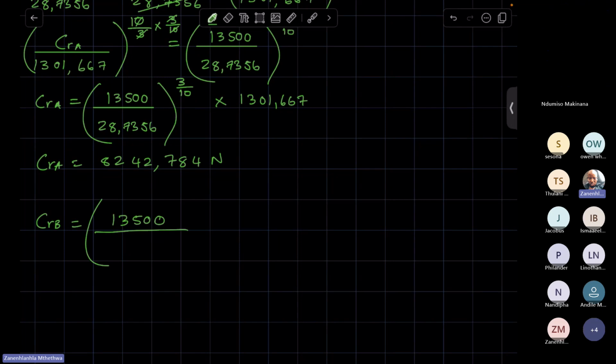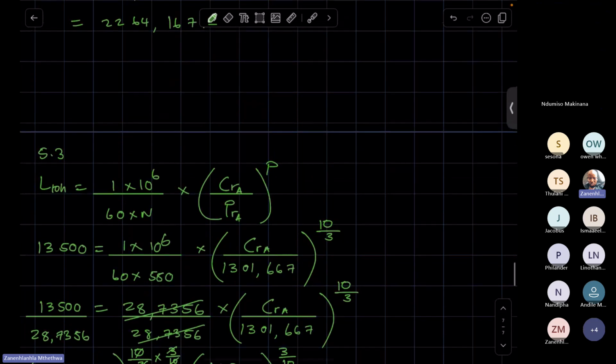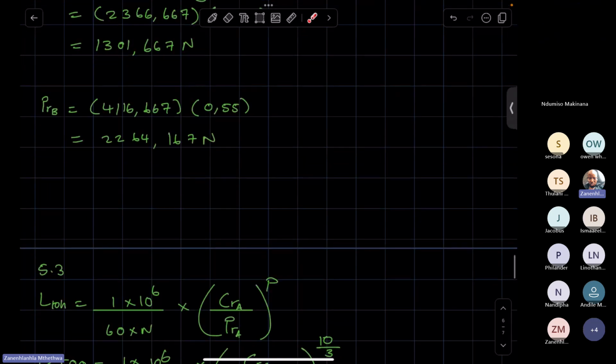13,500 divided by the 28,7356 to the exponent 3 over 10 times, and then you use the dynamic equivalent for bearing B. So this is what you use.